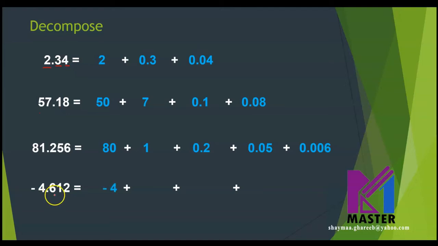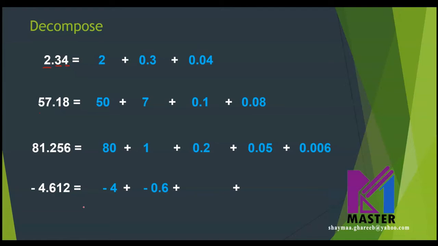And this 6 is in the first decimal place, which is the tenths, its value is 6 tenths, which is 0.6, but because this is a negative number, it will be negative 0.6. Now, this one is in the hundredths place, so its value is hundredths. How do we write it?